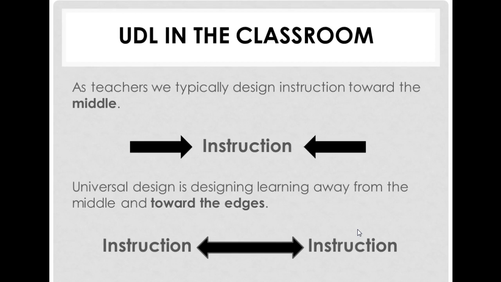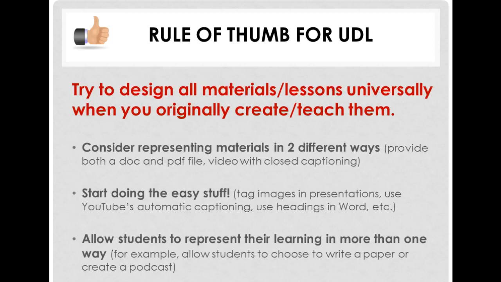Let's make education, which is everybody's right, something that everyone has as much access to as possible, regardless of whether they have an actual disability or not. So the rule of thumb for UDL, Universal Design for Learning, is to try to design all materials and lessons universally when you originally create them and teach them.